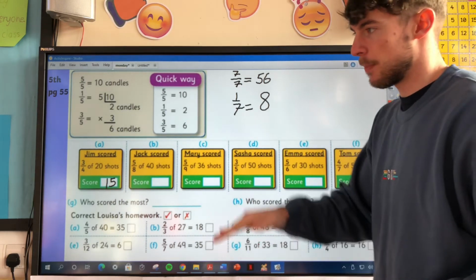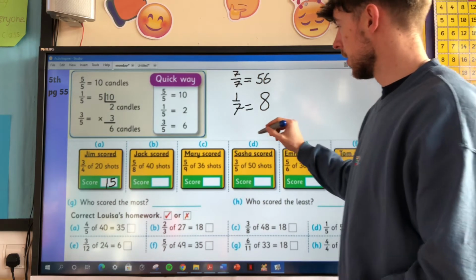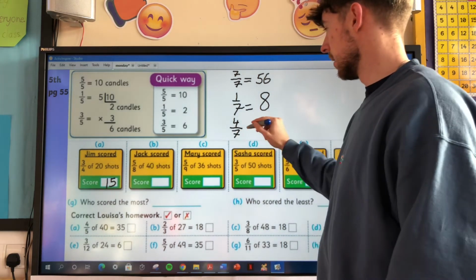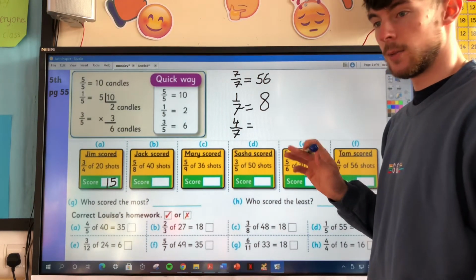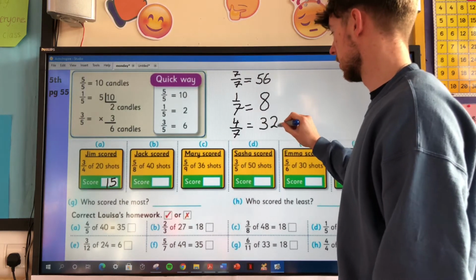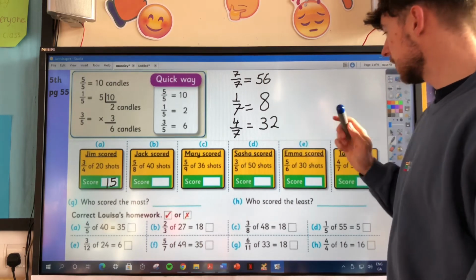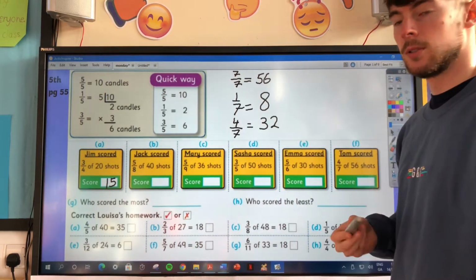How do we get that back up to 4? We multiply by 4, don't we? So what's 4 by 8? 32. So 4 by 8 is 32. So out of 56, Tom scored 32.